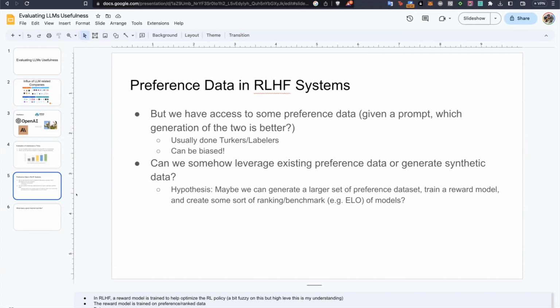I was curious to hear if people think it'd be worth trying to distill some preferences from that existing data. So maybe one idea I had was to train a reward model on that and then do pairwise comparisons across many different models, and through that generate some sort of ranking or an Elo score.